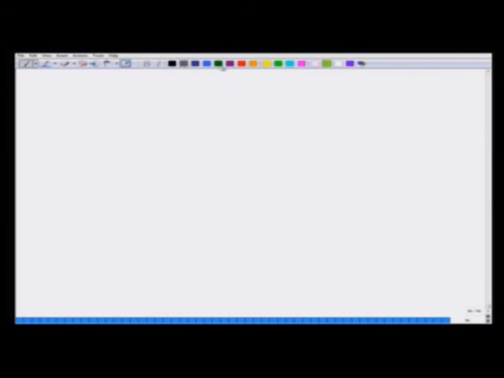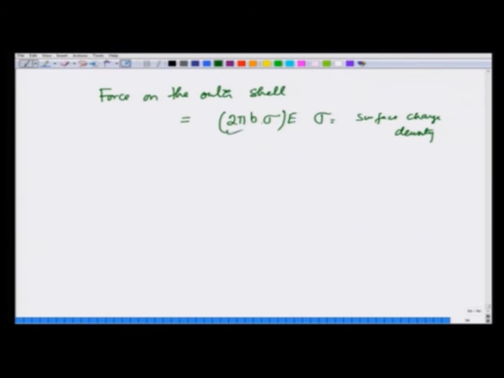Because of this electric field, the force on the outer shell, lambda per unit length, is going to be equal to 2 pi B per unit length times sigma, where sigma is the surface charge density, times electric field, and this is nothing but lambda.